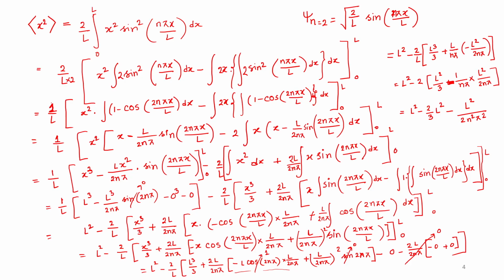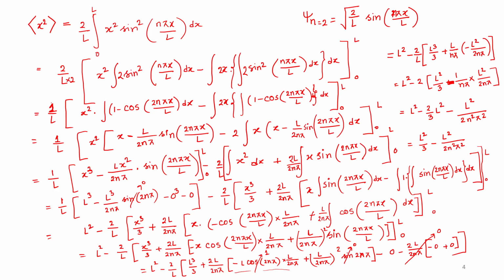So can you check? I think Datta sir has already solved this in his lecture classes. I hope I'm making it correct. L square by 3 minus L square by 2n square pi square.